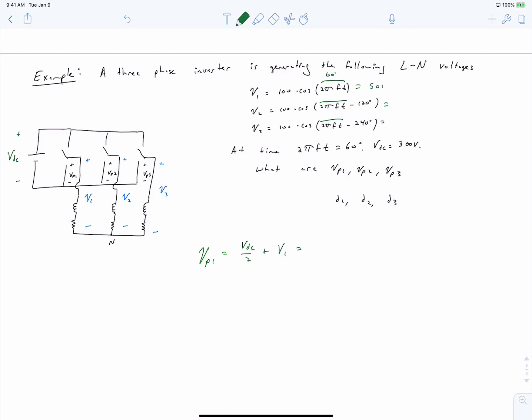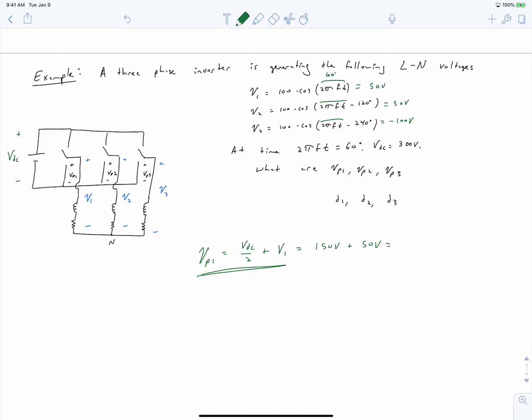We have 50 volts, and negative 100 volts. And so now we're ready to populate this expression down here, and we end up with VDC by 2 is 150 volts, and V1 at this instant of time is 50 volts.